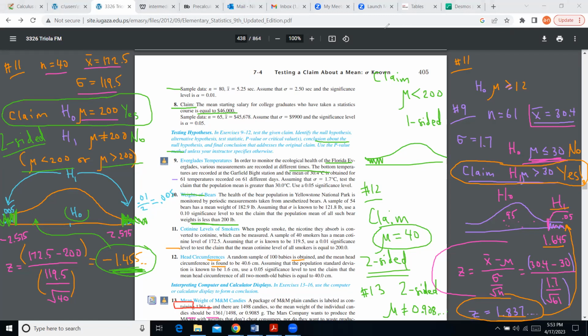So for a quiz, I'm wondering, is this claim one-sided or two-sided? Just like we did a couple of previous exercises, it's pretty much the same thing. So don't need to do any solution, just tell me for exercise 8 claim, one-sided or two-sided?